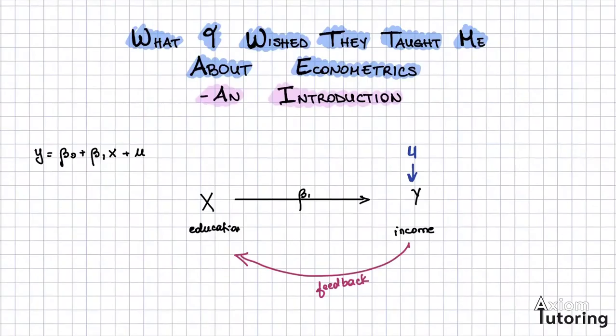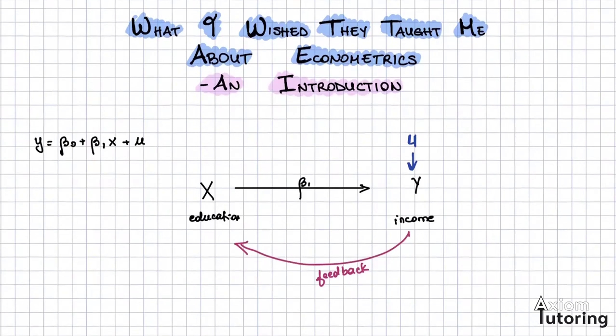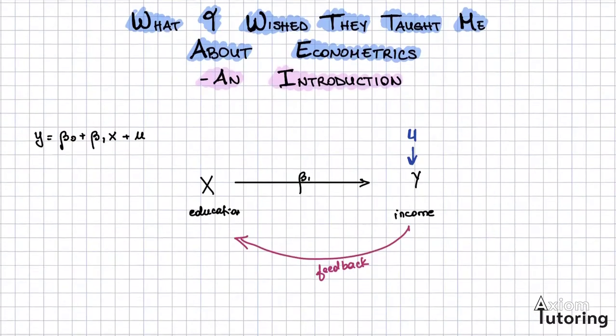The problem begins when you also have the addition of another arrow, one that goes from the U to the X, okay? And what that means is that the covariance of X and U is actually not 0, okay?